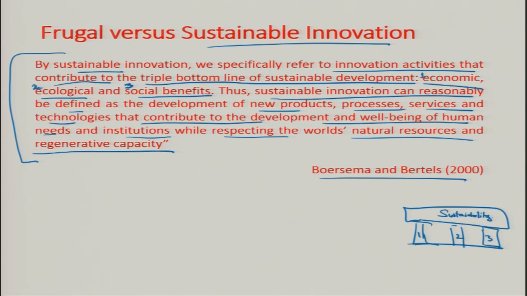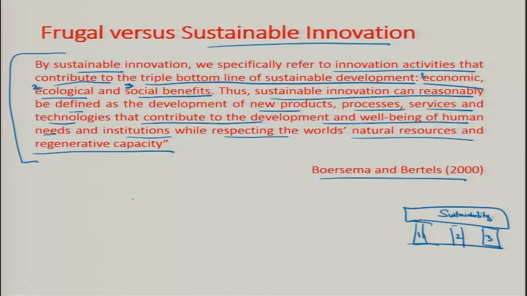This is the point of concern in this lecture. The goal in frugal innovation is to produce low cost products which most people can afford. The goal of sustainable innovation is to produce something environment friendly, that has less carbon footprint associated with it. But frugal is also sustainable in a way.